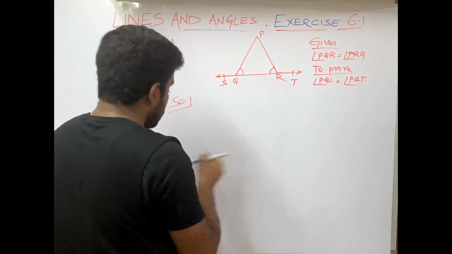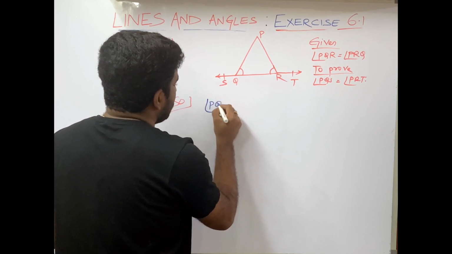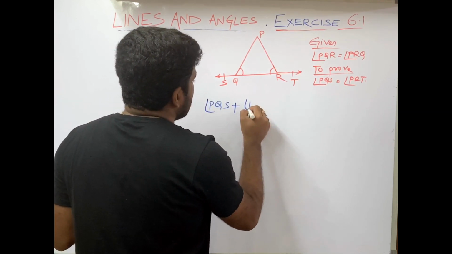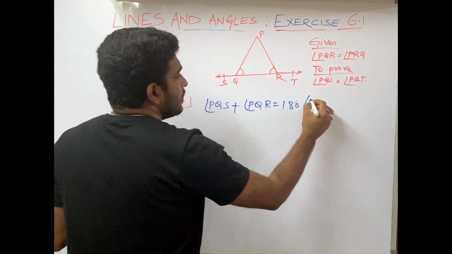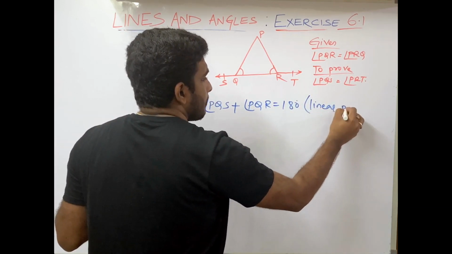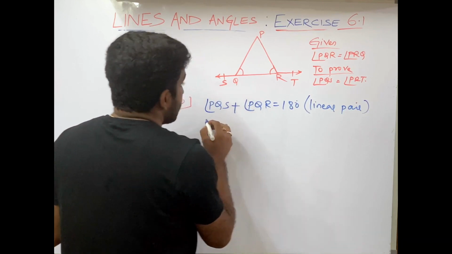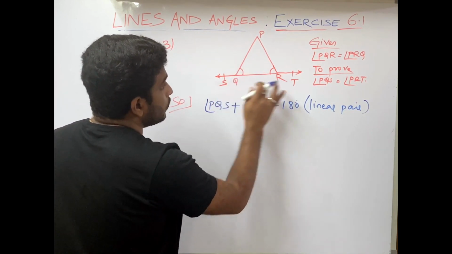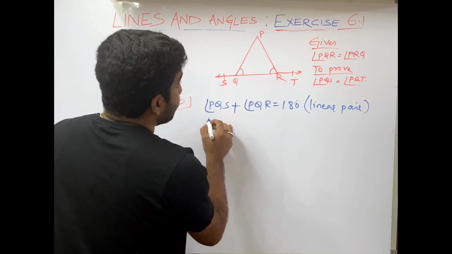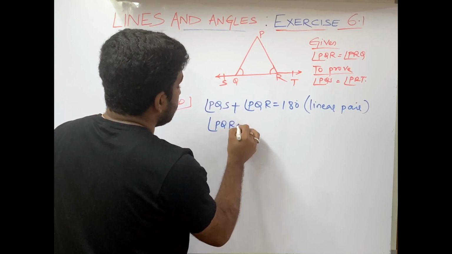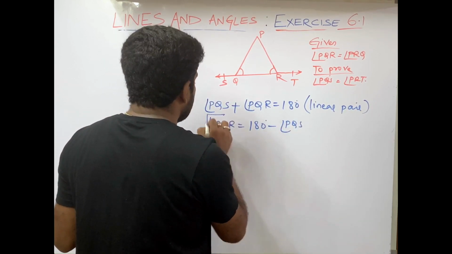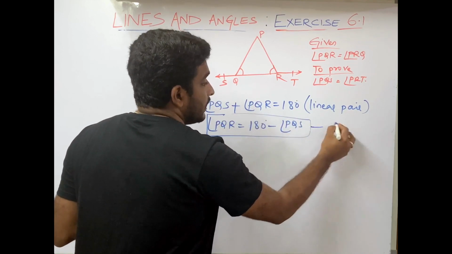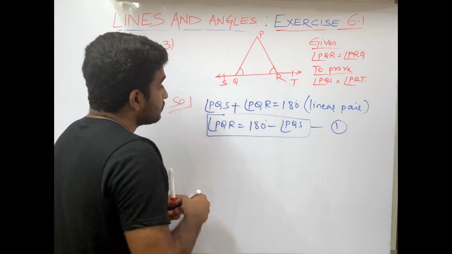What we'll do is, first, angle PQS plus angle PQR equal to 180 degrees. Why? Linear pair. Angle PQR equal to 180 degrees minus angle PQS. This one we'll put in a box and name it equation 1.